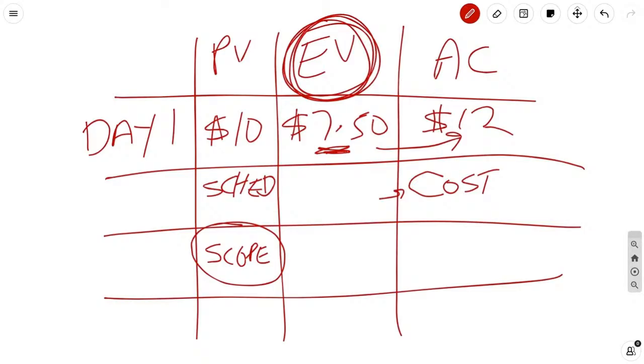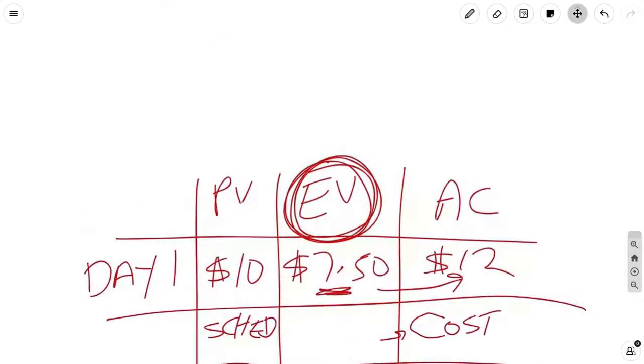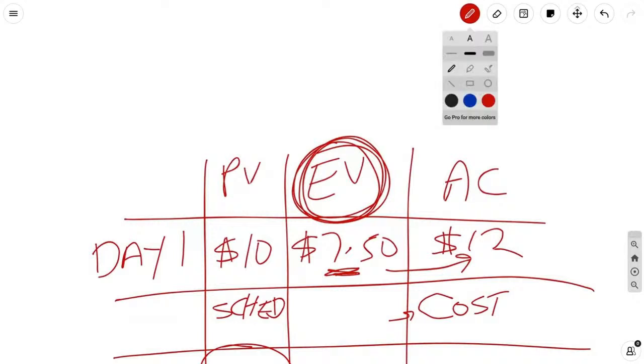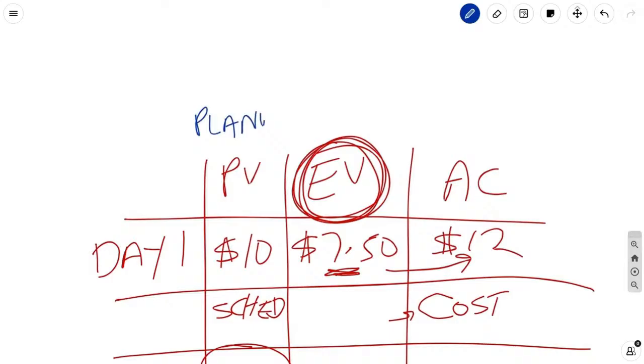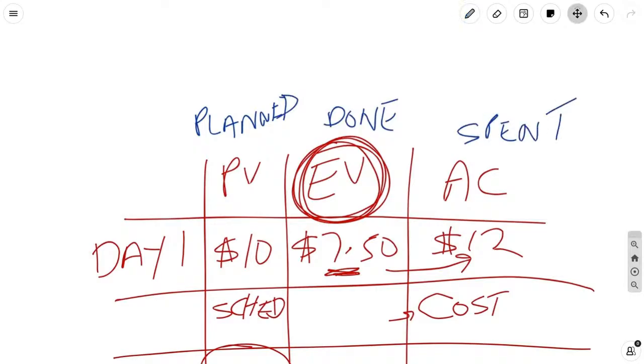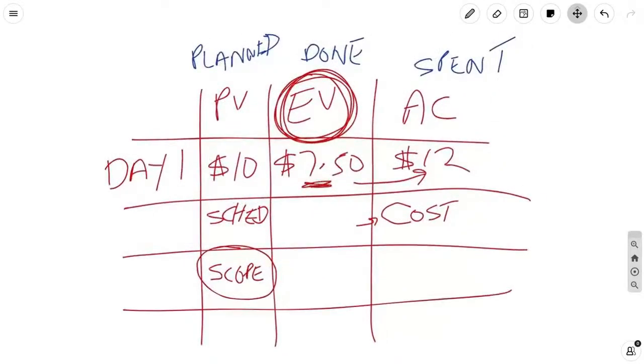So right off the bat, just using common sense, remember the metrics, planned, let's use this for planned, this is for done, and this is for spent. It's a common sense thing. And once you get this, whenever you look at these metrics on your exam, you will always understand what the state of the project is.